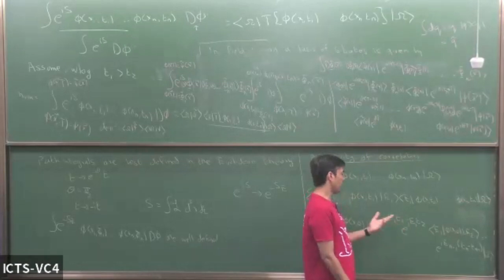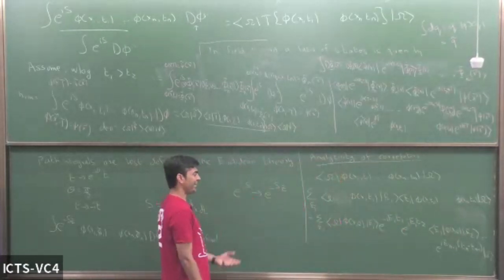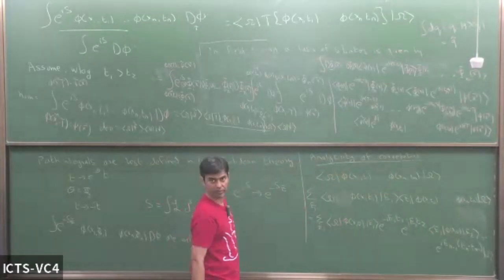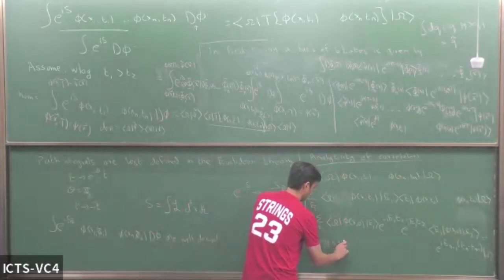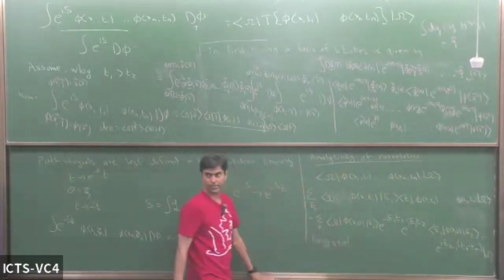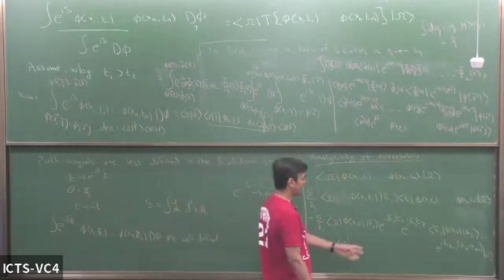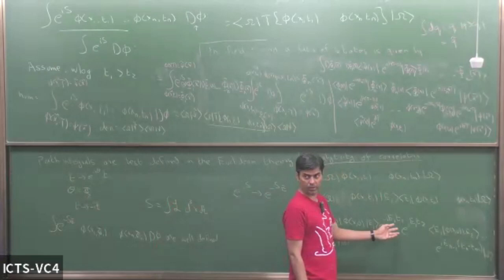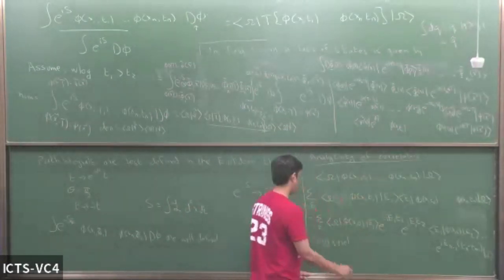What is the property of these E_i's? The property of these E_i's is they're all positive. So energy is positive. Therefore, this correlation function is analytic when T2 minus T1 is extended in the upper half plane.